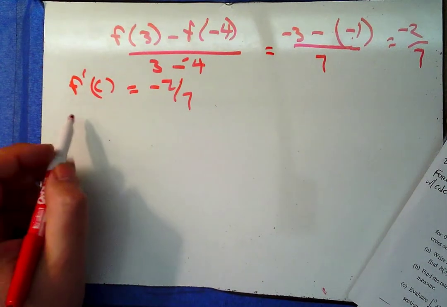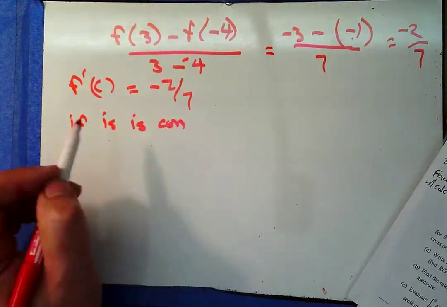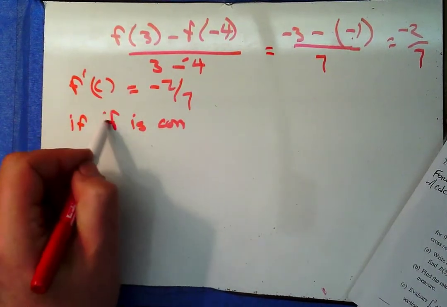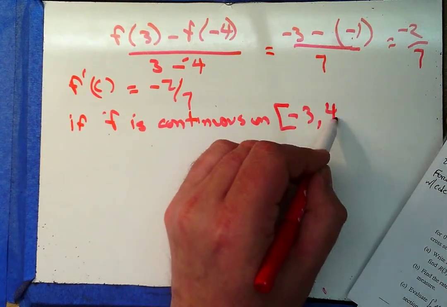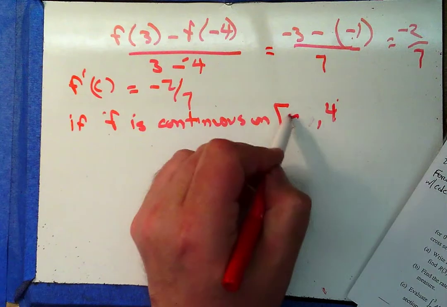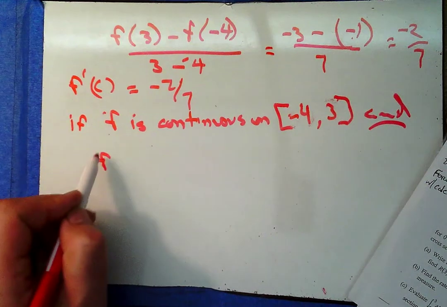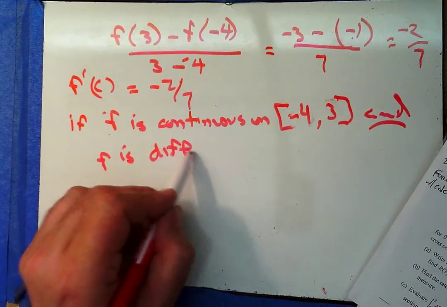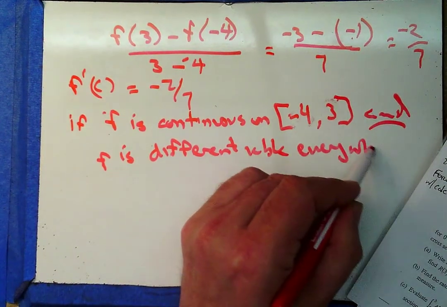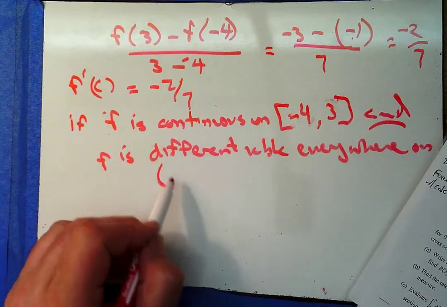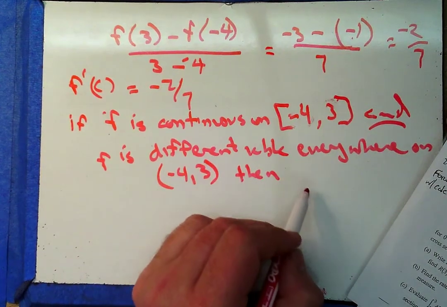Well, remember the mean value theorem has as its preconditions if f is continuous on negative 4 to positive 3, and f is differentiable everywhere on the open interval negative 4 to 3, then there must exist.